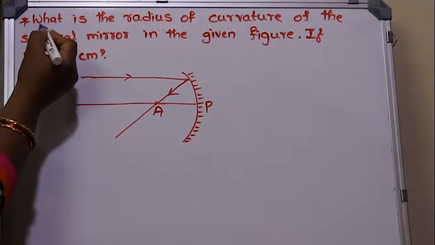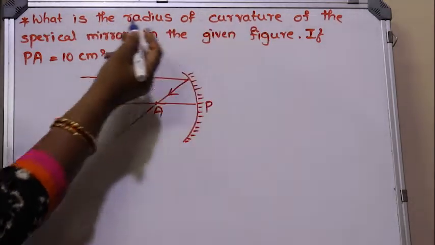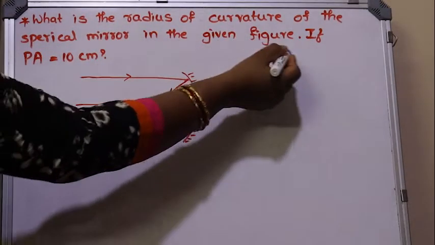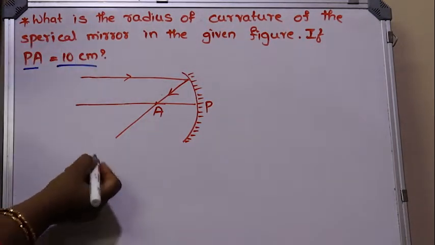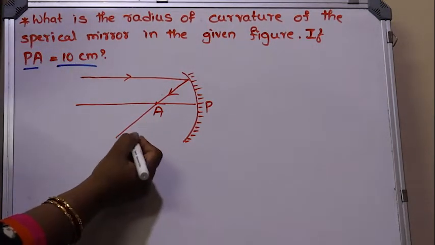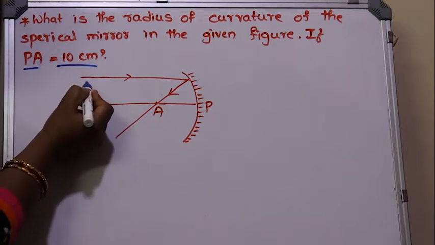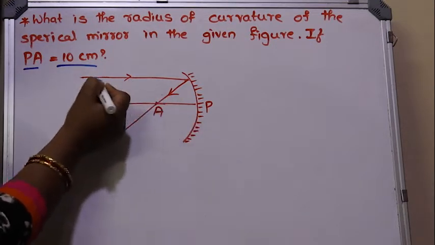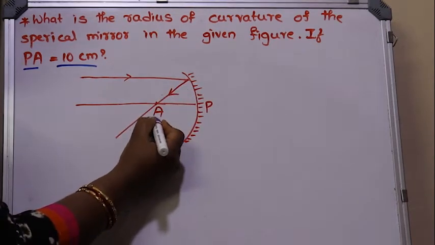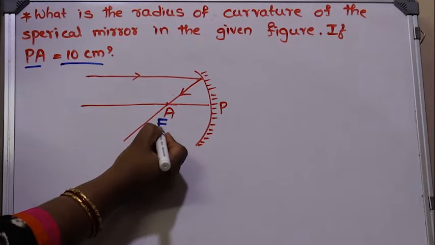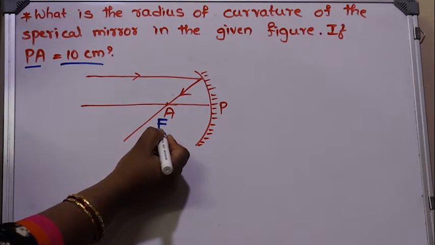The next question is, what is the radius of curvature of the spherical mirror in the given figure if PA is equal to 10 cm? If we observe the diagram here, the ray which is parallel to the principal axis, after reflection, passes through the principal focus. So, this A is nothing but F, meaning focus.